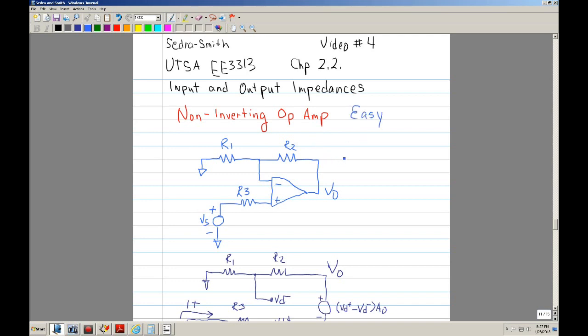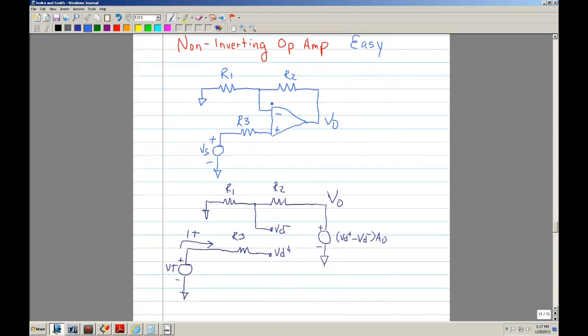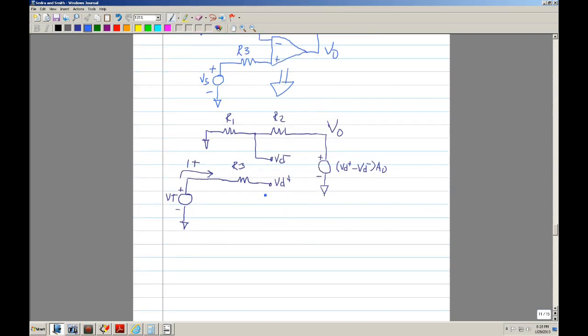Here's a schematic of the non-inverting op-amp. Your stimulus is on the non-inverting input. What I like to do is insert the op-amp model, and this is the model that I like to use.